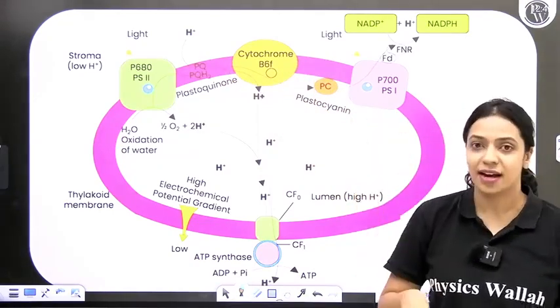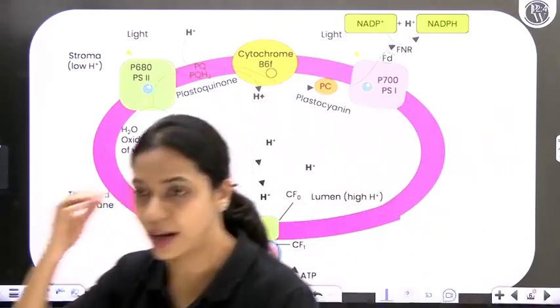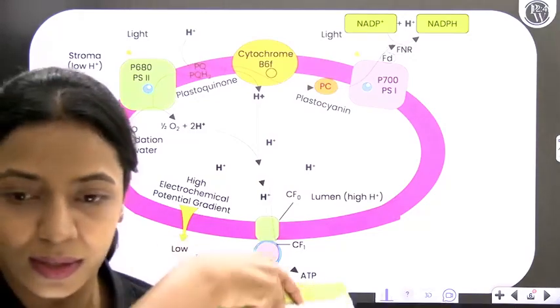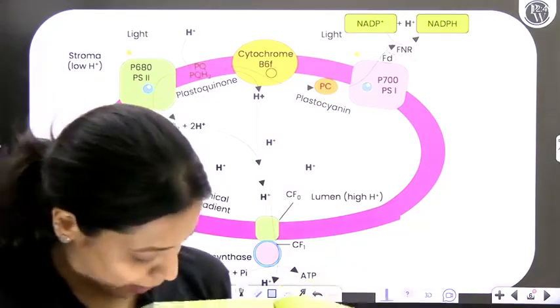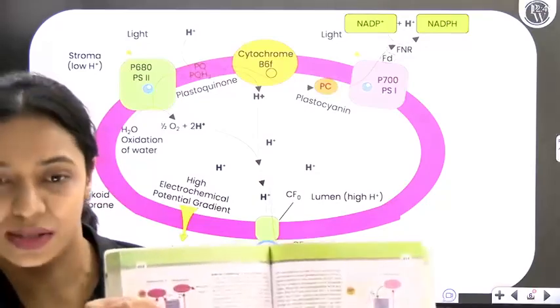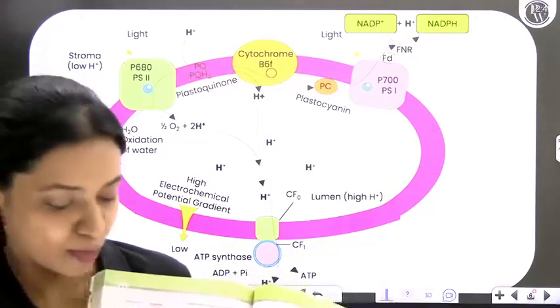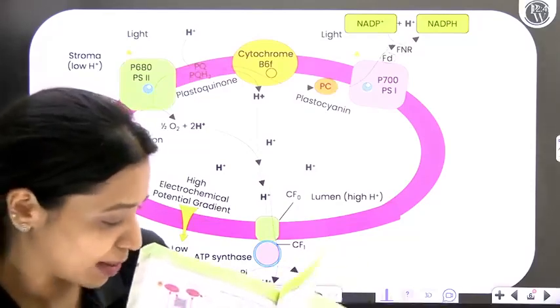If you look at your NCERT textbooks, if I have a textbook here, I could show it to you. Okay, I do have a textbook here. If you look at these diagrams in your textbook, you have just electron transport system mentioned here. This is a very old textbook, probably from 2015, I guess, I'm not sure.